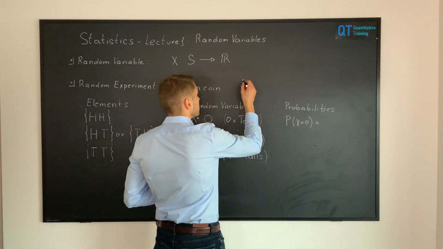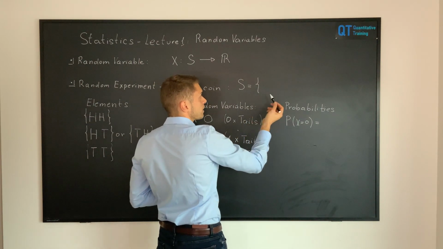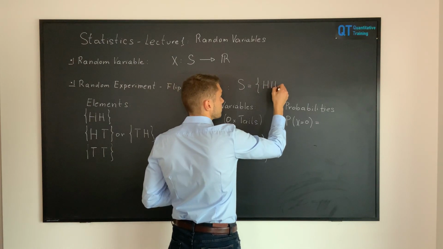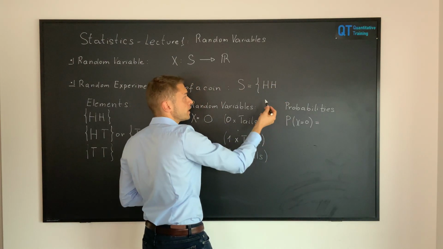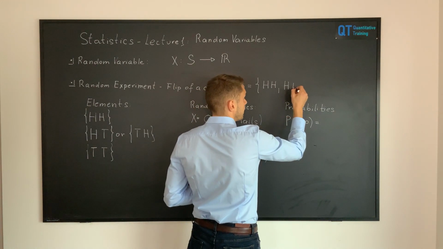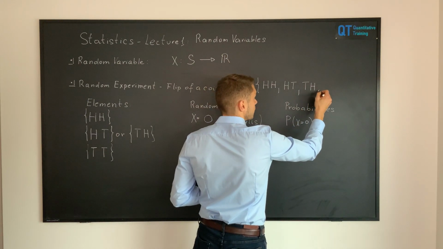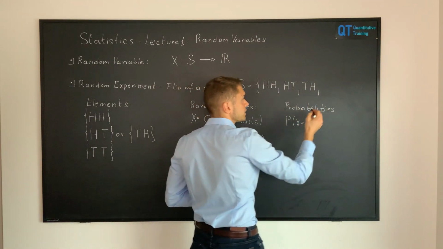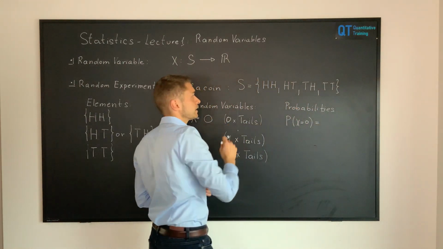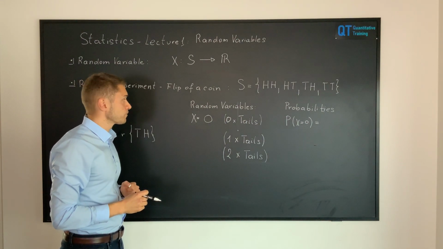So we can write down the sample space S, which can have as first element 2 times heads, obtaining heads for the first flip and also for the second one. It could be first heads and then tails, or first tails and then heads, or obtaining 2 times tails.